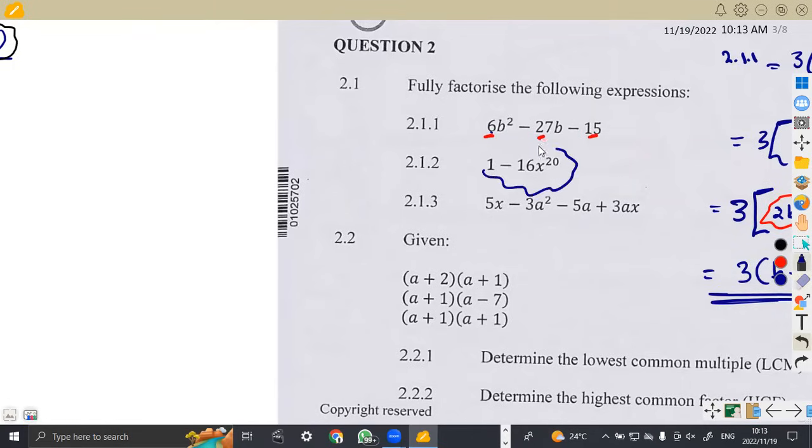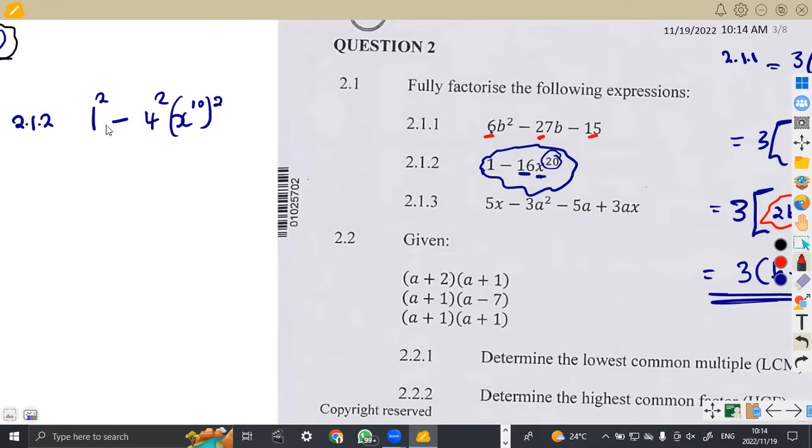Here we have something, a difference of 2 squares. Remember, from difference of 2 squares, I told you guys, we have to write your numbers in terms of powers or the exponents of 2. Okay, so this was same as from 1. 1 is same as 1 squared minus 16. This is 4 squared. X to the exponent of 20 here is same as x to the exponent of 10 to the exponent of 2.